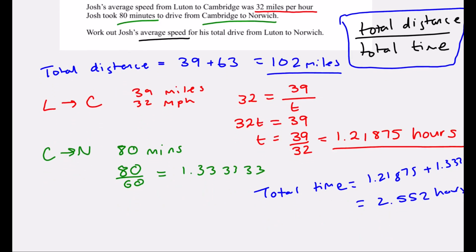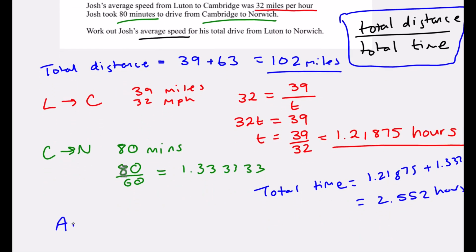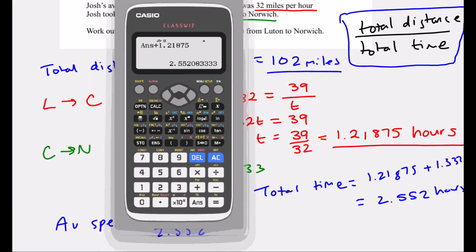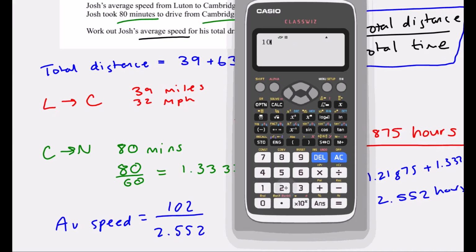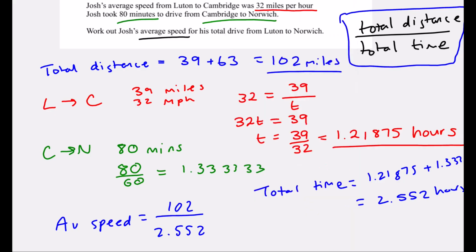So our total distance divided by total time, that's what we want. And we know them now, so it's 102 divided by our answer that I'll keep in the calculator. So it's 102 divided by the last answer. And that is 39.97. 39.97 miles per hour.